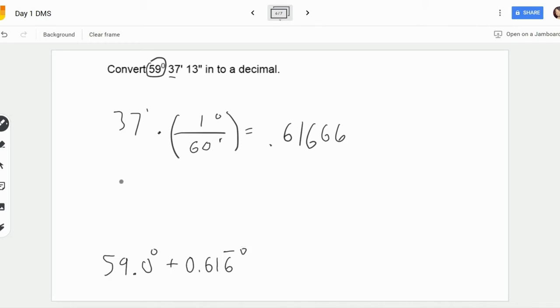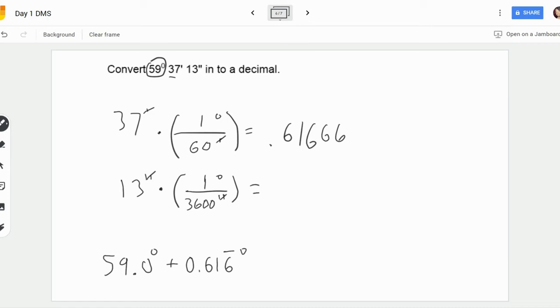And then we need to change 13 seconds into degrees. Again, seconds have to be on the bottom because we're going to cancel them out. These units will cancel. And the relationship is that we have 3,600 seconds in a degree.